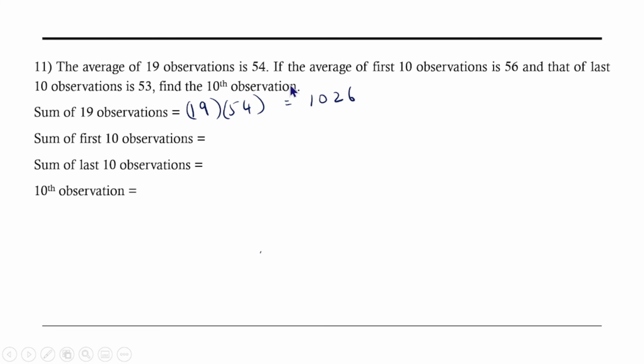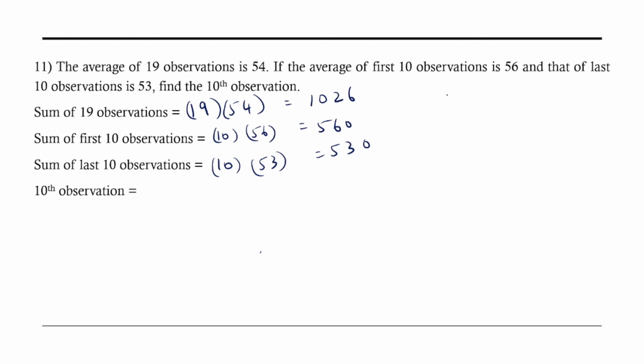Then it is given the average of the first 10 observations is 56, so the sum of the first 10 observations will be 10 into 56, so it is 560. Then it is given the average of the last 10 observations is 53, so the sum of the last 10 observations will be 10 into 53, so it is 530.